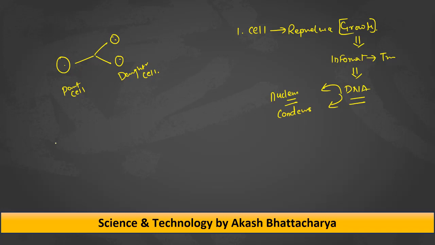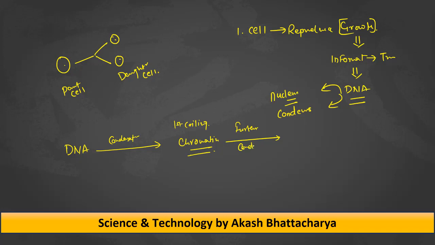Now understand this: the original form of DNA, which is a double helix structure, on condensation, or you say first coiling, will be known as chromatin. It is known as chromatin. And if we further condense it, it is known as chromosomes.